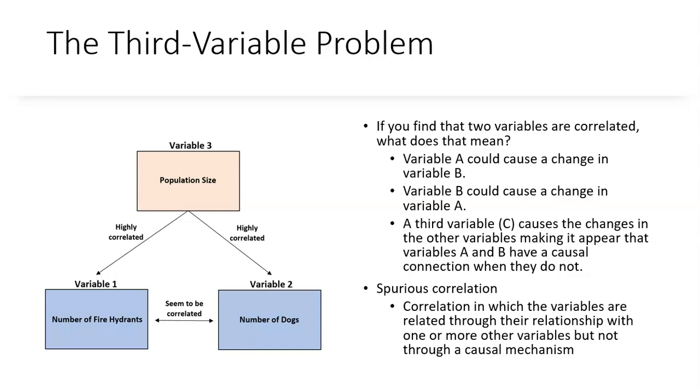So here, the example that you could use is about dogs and fire hydrants. A researcher observes that cities with more fire hydrants tend to also have more dogs. Now, these variables are related to one another. You could demonstrate that they have a high correlation, but the problem is that you have a third variable, and that variable is population size.